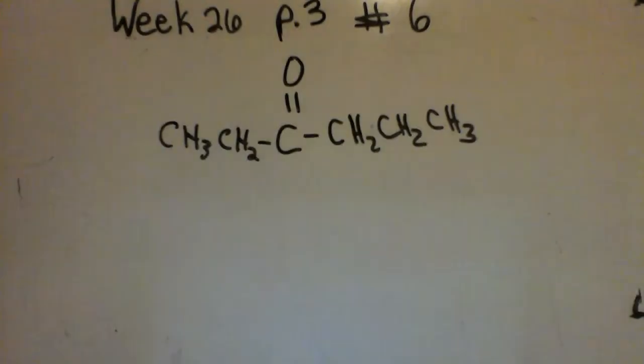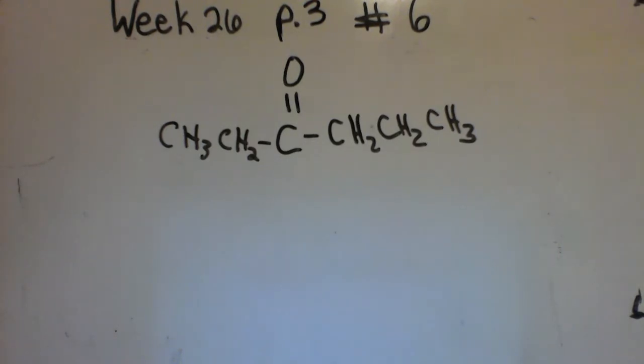Now, when there's a carbonyl group, it could be at the end of a hydrocarbon chain, and that would be an aldehyde, or it could be in the middle of a hydrocarbon chain, and it could be a ketone. This particular one is in the middle of the hydrocarbon chain, indicating that it's a ketone.